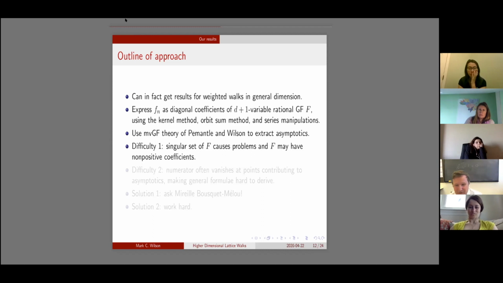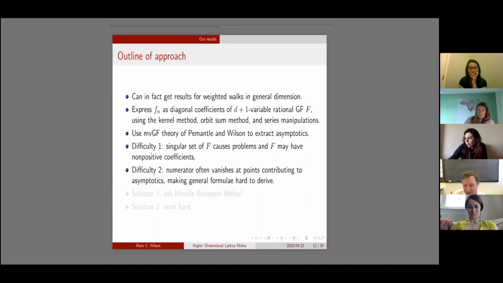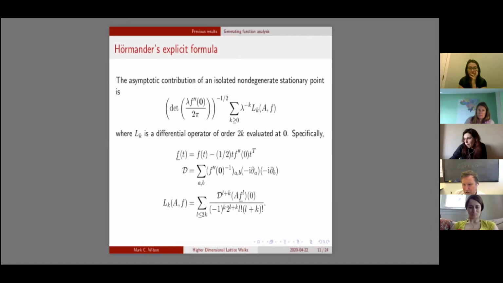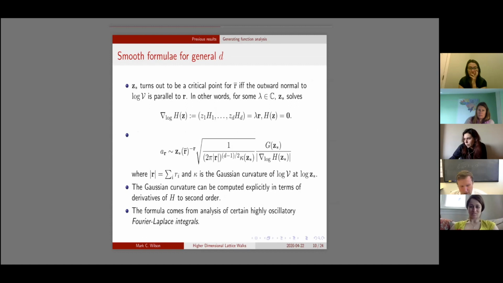In terms of identifying, the big problem is it's very hard to identify what the contributing points are. Instead of using relatively simple convex analysis, you start getting into computational Morse theory and things that I would rather avoid. The other difficulty is that in this formula we had here, you see you've got G, the numerator of the rational function.